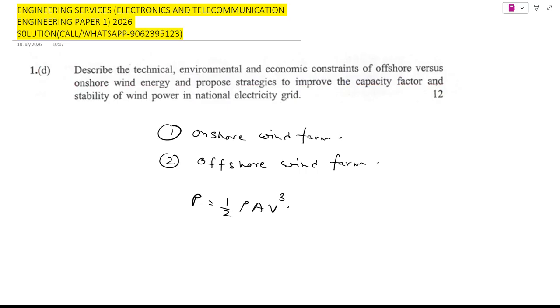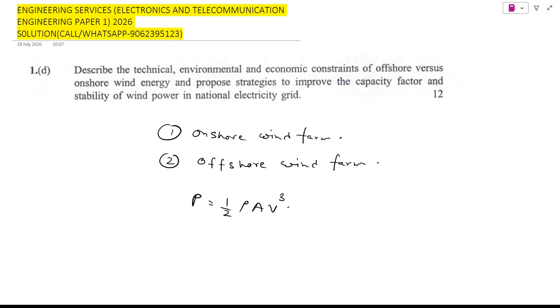Okay. Now, let's talk about the environmental constraints. For the onshore, the problems include noise pollution, visual impact, bird and bat collisions, and large land requirement. Okay, and for the offshore wind, the advantages are no occupation of agricultural land and less visual disturbance if located far from shore.